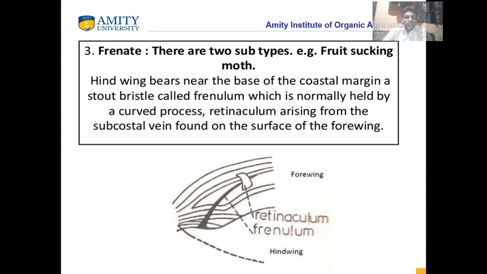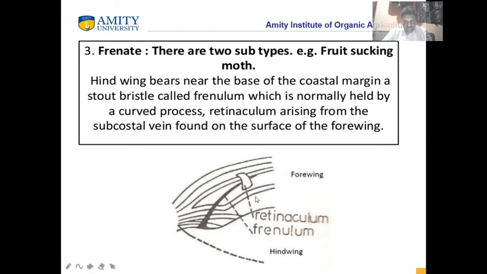Frenate. There are two subtypes: fruit-sucking moth. Hindwings bear near the base of the costal margin a stout bristle called frenulum, which is normally held by a curved process, retinaculum. So, frenulum and retinaculum are the structures.